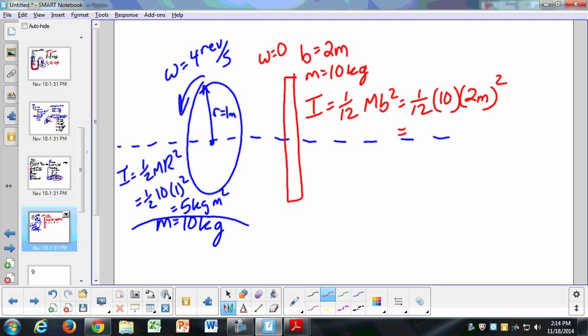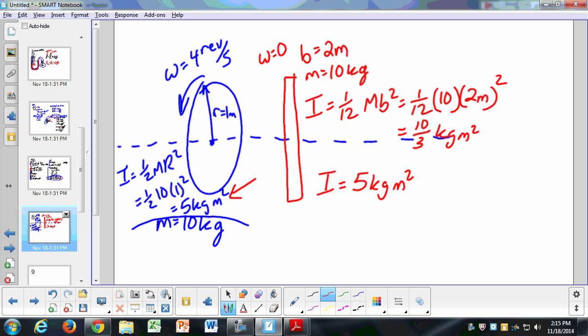A rod, okay. And so that's 1/12 of 10 times 4, which is 40. So that's 40 over 12, 20 over 6, 10 over 3 kilogram meter squared. Okay, so my moment of inertia initially is equal to just 5.